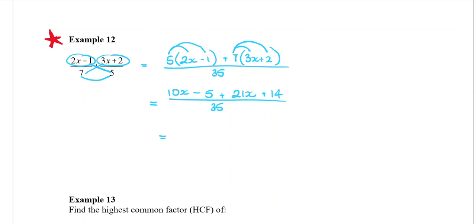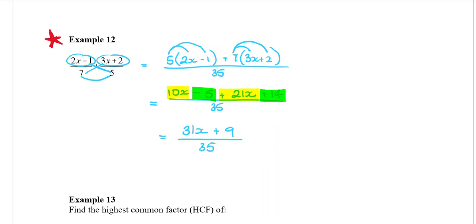Okay, then most of the time there are like terms that we can put together. So we can put 10x and 21x together, and also minus 5 and plus 14. So 10x plus 21x makes 31x, and minus 5 plus 14 makes a plus 9, and still all over 35.